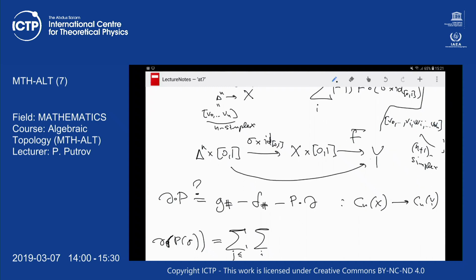So first, let's say J goes up to I, and so in this first term we will remove indices in this part, V vertices.